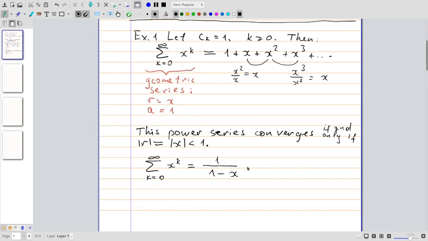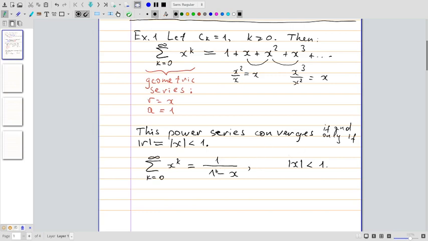And this formula holds when the absolute value of x is less than 1. Great. So not only were we able to determine for which x's this power series converges, we were even able to determine what its sum is equal to. It's equal to this function.